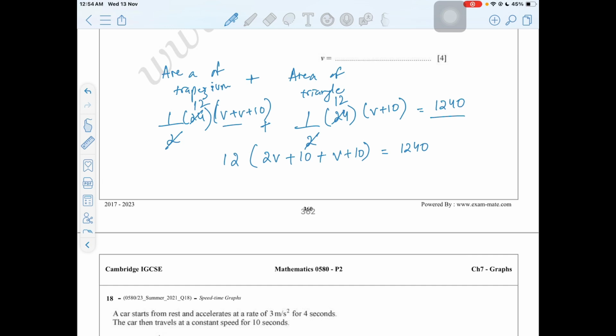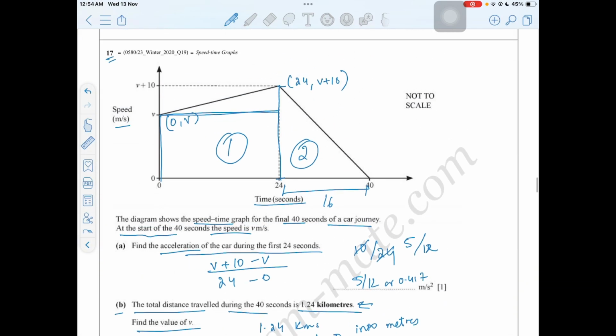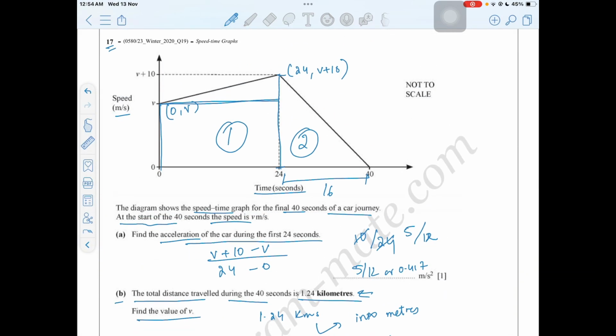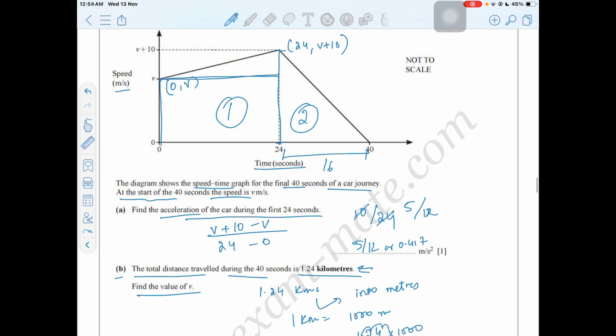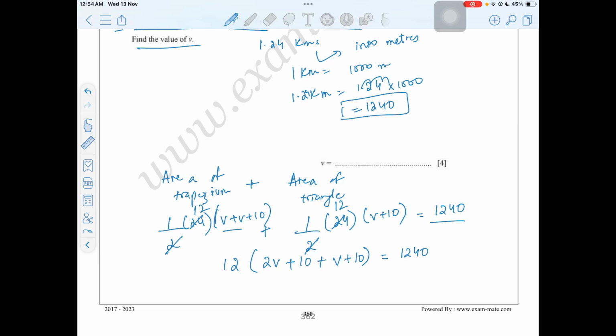Just open up the calculator. 1240 divided by 12 is 103.33. Or did we make some mistake over here? We are given 24. Let's just break this down a little bit.